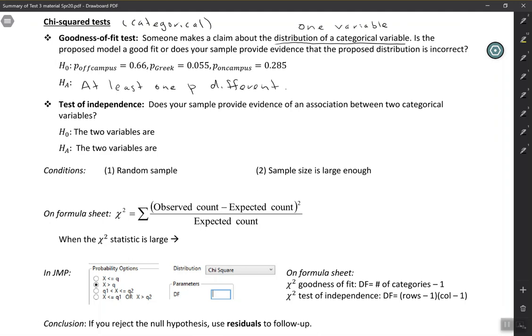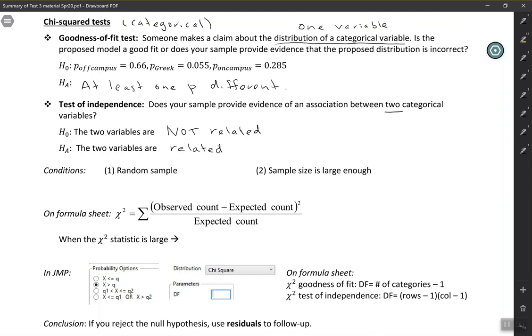A test of independence, this is whether or not you have evidence of an association between 2 categorical variables. So the null hypothesis in this case is that the 2 variables are not related to one another. So knowing one doesn't give you any information about the other. And the alternative, the thing that you're trying to prove, is that the 2 variables are related.